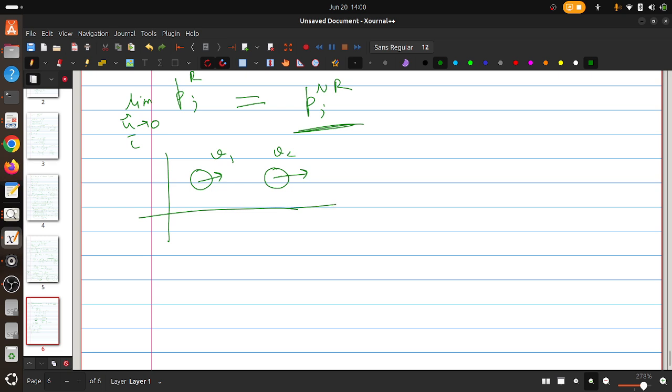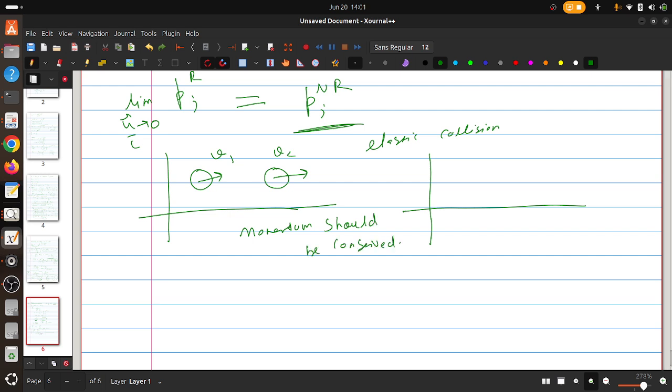And then they collide, and let's assume an elastic collision. You know that the momentum should be conserved before collision and after collision, right?